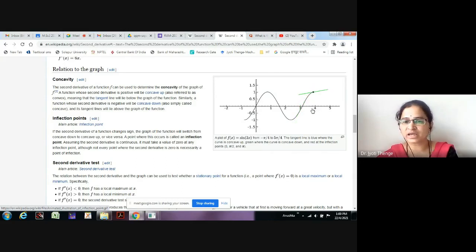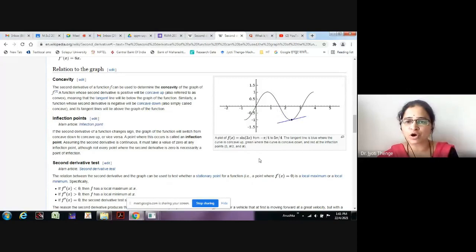It is going to be red at these points only: 0, pi by 2, and pi. At these points the tangent becomes red, which means this red color marks my inflection points.